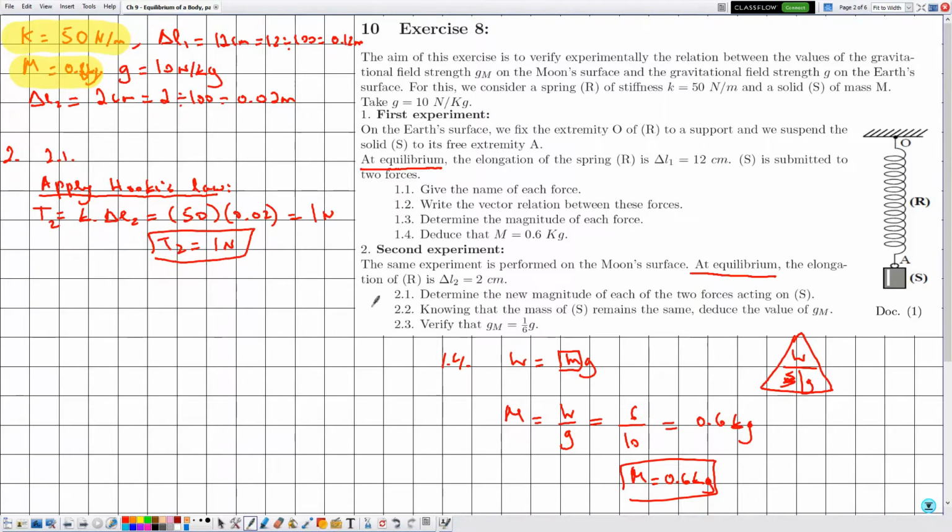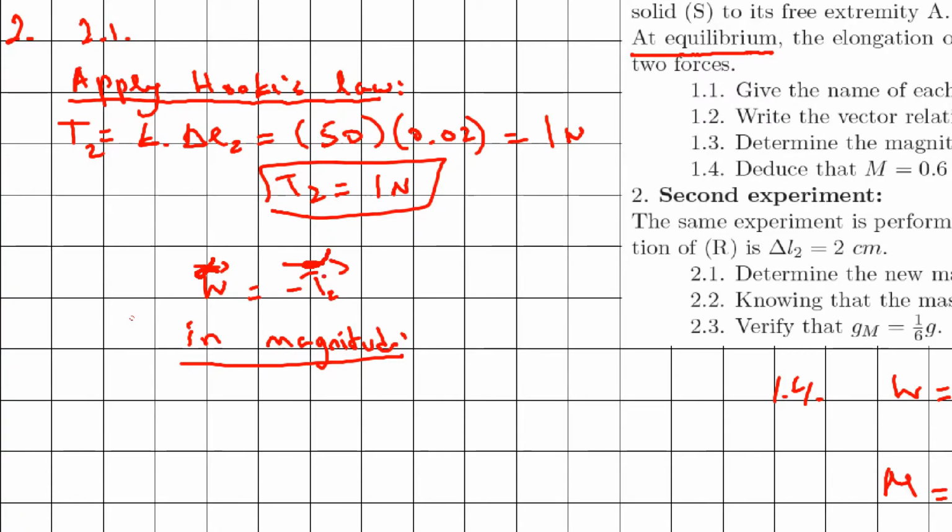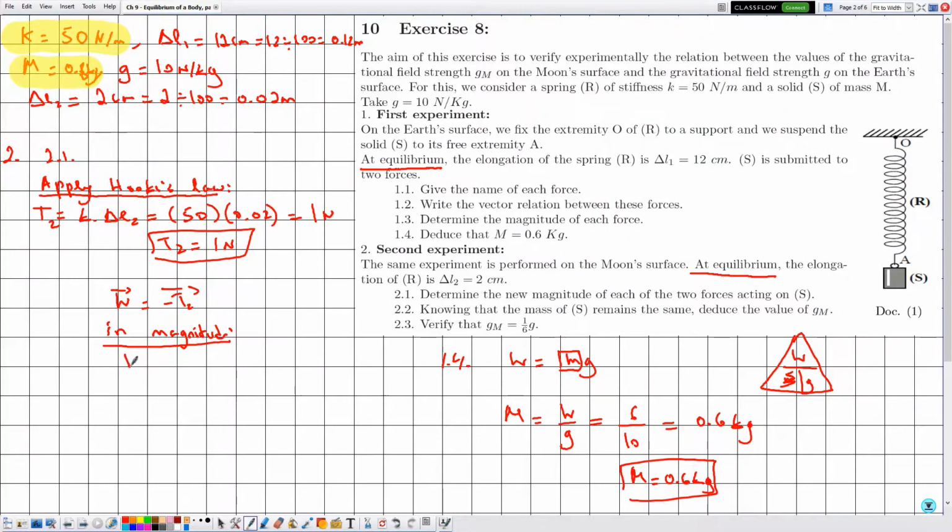Now recall that the condition of equilibrium allows us to determine the magnitude of one force in terms of the other. Then it is at equilibrium, so we can use directly that the weight is equal to minus T2. Then in magnitude, then we drop down the vectors, and W is equal to T2, and we remove the minus sign, but we know that the value of T2 is equal to 1 in newtons.